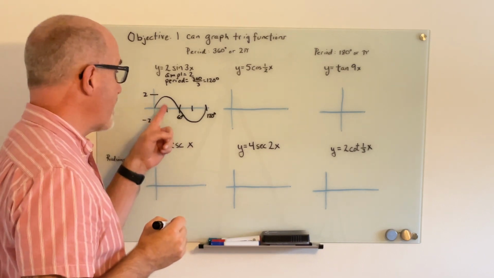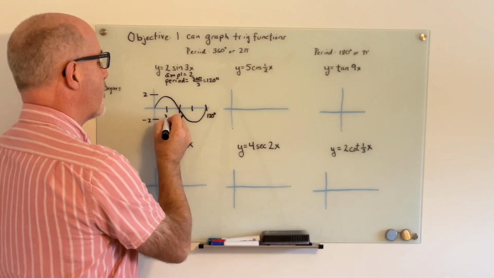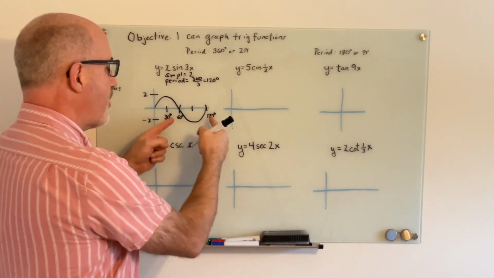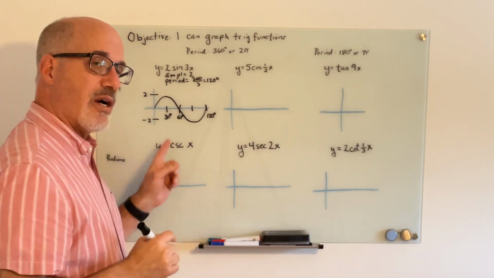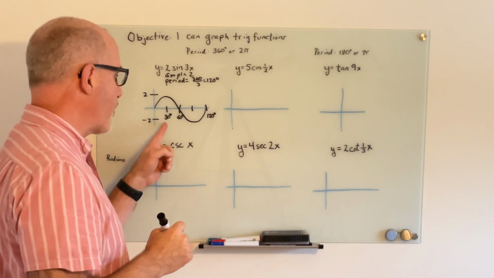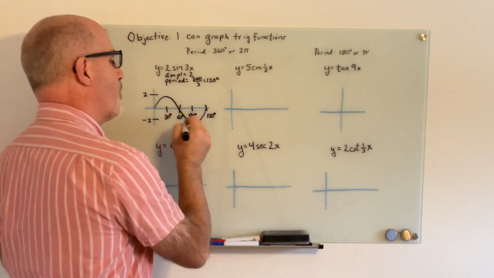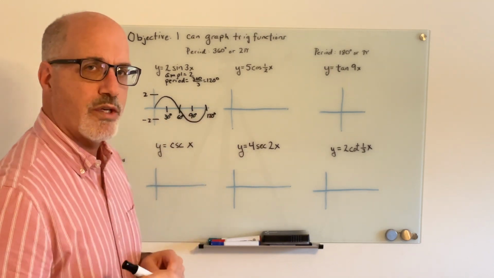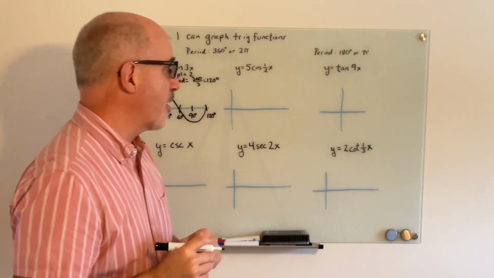Then where it's at the maximum here is halfway to that 60, which would be 30 degrees. And then halfway between these two, I could just be counting by these values of 30 degrees, 60, that would make this 90 degrees, or if you wanted to, you could average the 60 and the 120 to get that.